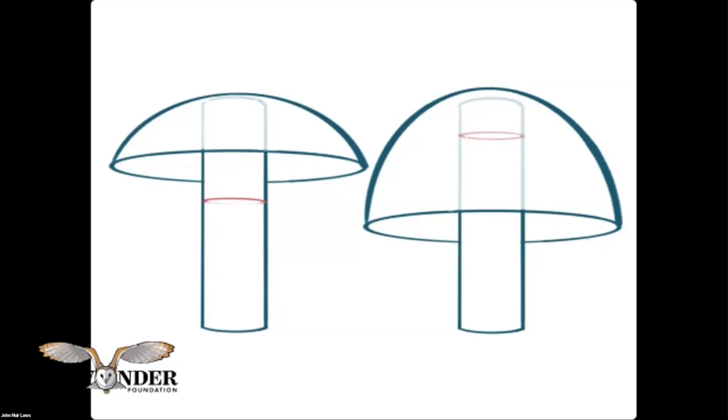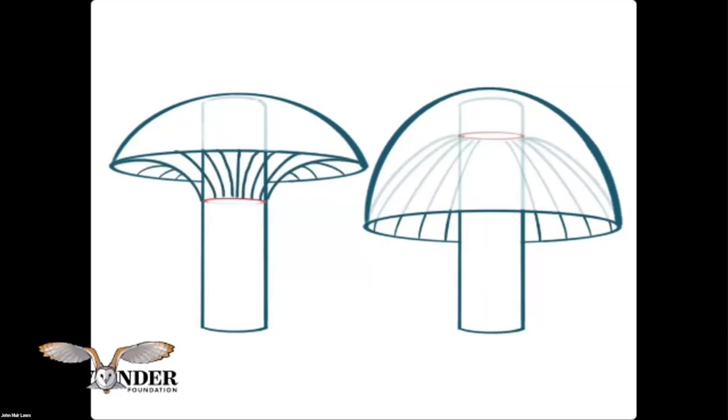So imagine that ring being where the gills would attach. If they are coming down as they are, or as we see them on the right, what we've got is our gills wrapping down with whatever curve they have to that point, or climbing up to that point.